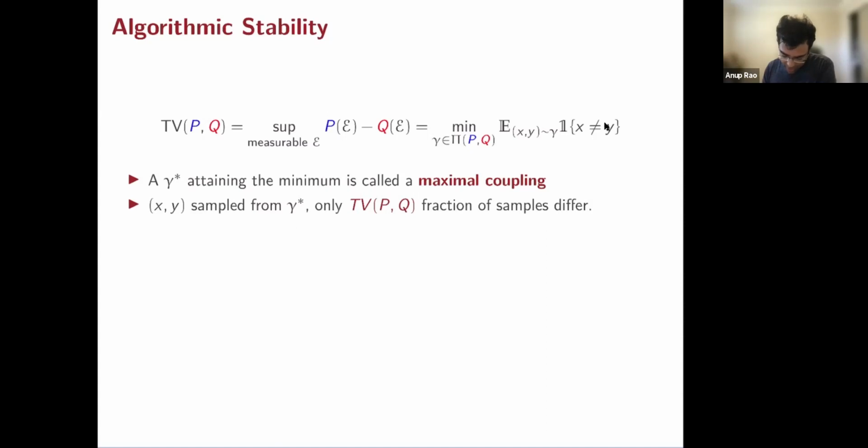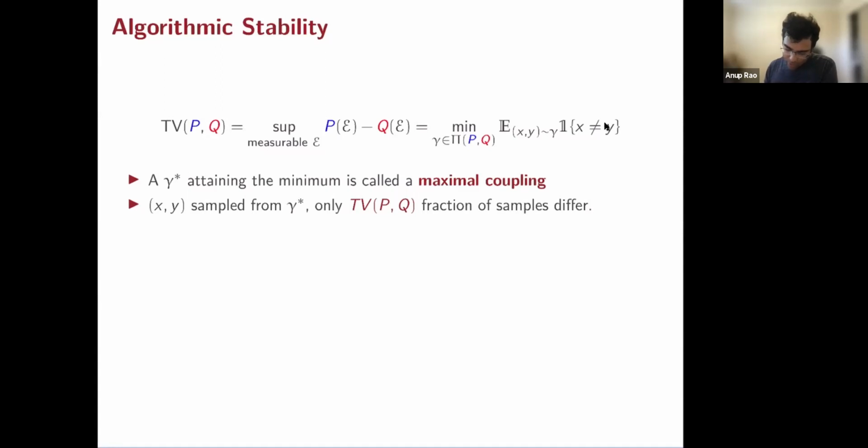Total variation distance is defined as the maximum difference between the probability mass of two probability distributions on any set. So total variation distance between P and Q is the difference between the probability mass of P minus Q, and we maximize over the measurable set E. An equivalent way of defining this is in terms of the coupling I referred to earlier.